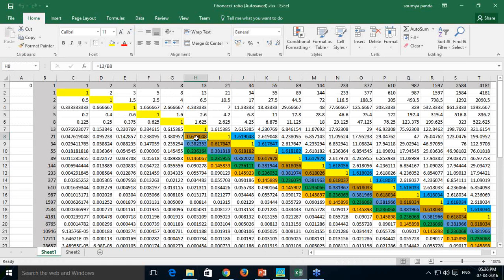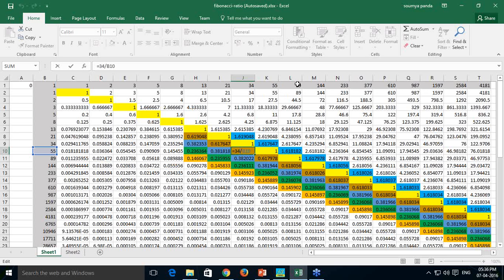So whenever we talk about 0.618 retracement, this is known as your one step alternate ratio or alternate ratio. One step alternate ratio means whatever the Fibonacci number you are taking, divide it by the Fibonacci number which is present one step ahead.